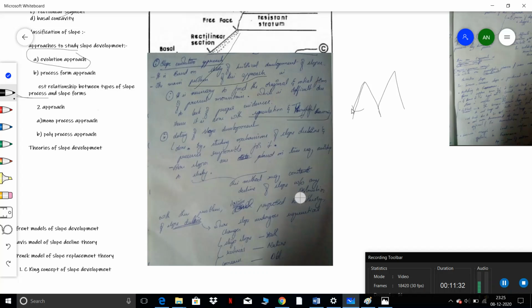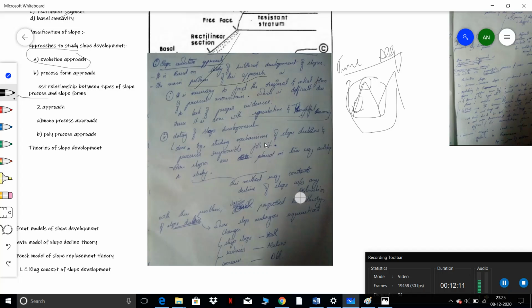Dating means at what particular period of time what type of slope form was present, suppose 100 years back whether it was convex, or 50 years before whether it was rectilinear, which can be predicted by using the slope mechanisms responsible for slope formation, and placing these slopes in their respective time sequence. So we'll have a proper study. This is the slope evolution approach.